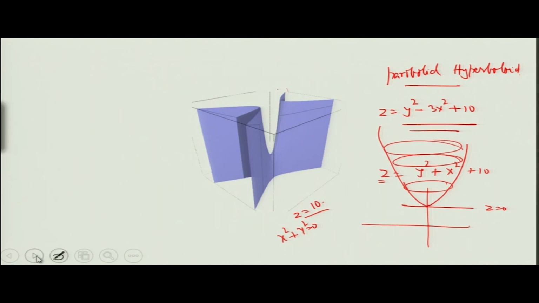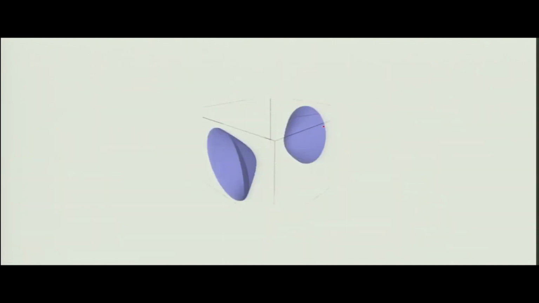Is that okay? The next is the hyperboloid of 2 sheets, and the equation that I have written here is 3x square minus y square plus z square plus 10 is 0.